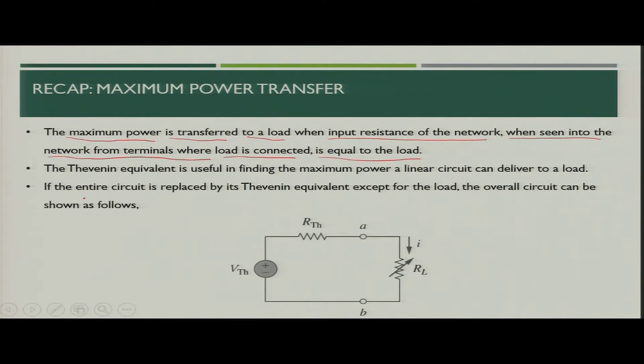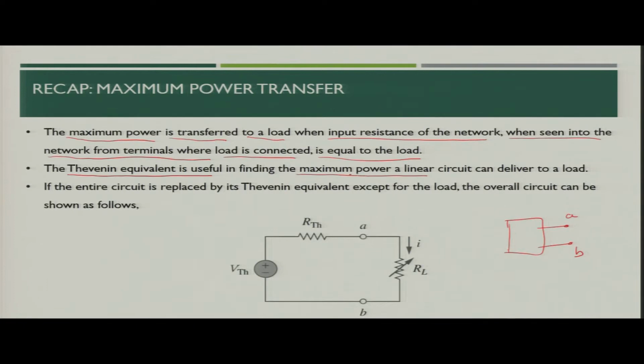To do this we use the Thevenin equivalent, because the network may have multiple sources and multiple elements, so we have to convert it into the Thevenin equivalent shown in the figure, and then we can analyze the maximum power transfer.